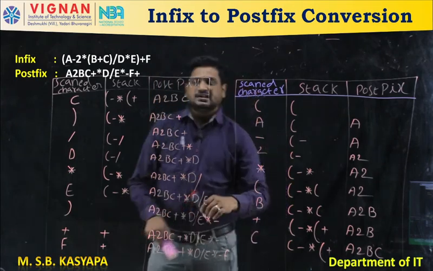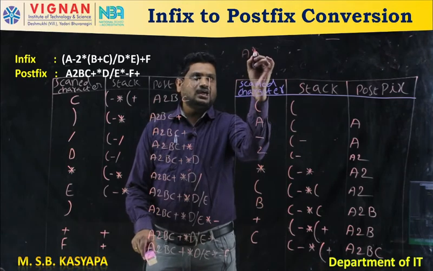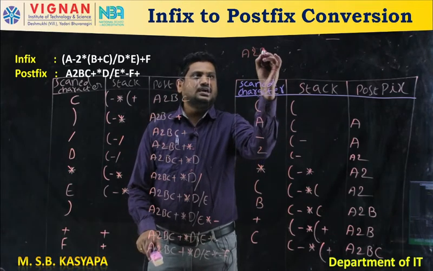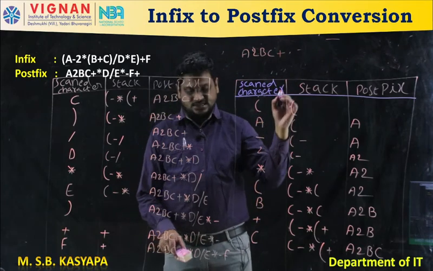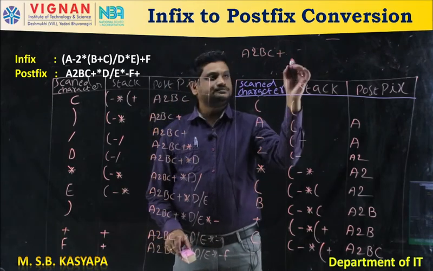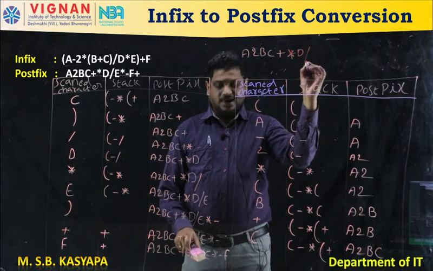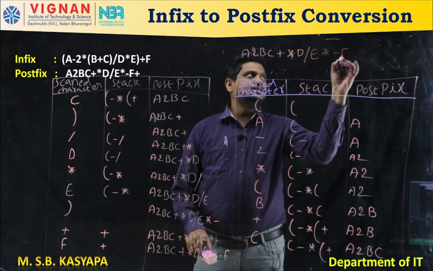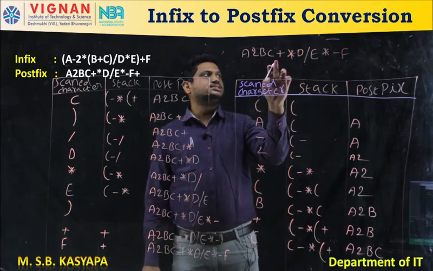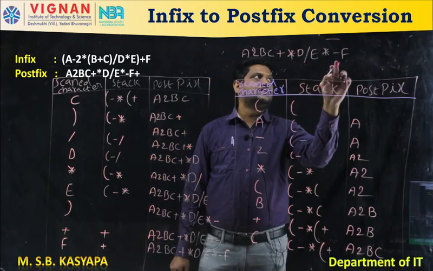Now, my final postfix expression is, see here, up to now I have A 2 B C, now plus into D by E into minus F, A 2 B C plus into D by E into minus F.